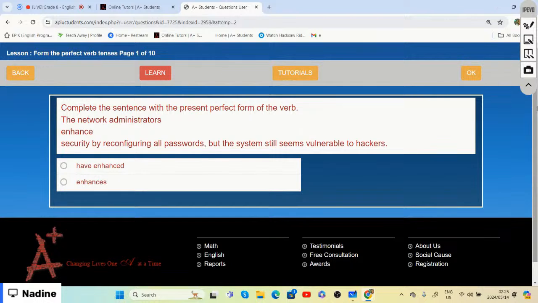What do you think is our present perfect form of the verb? Is it option one, have enhanced, or option two, enhances?